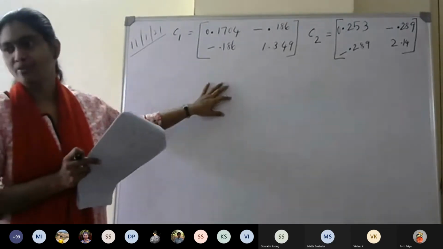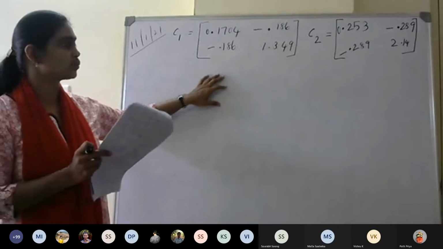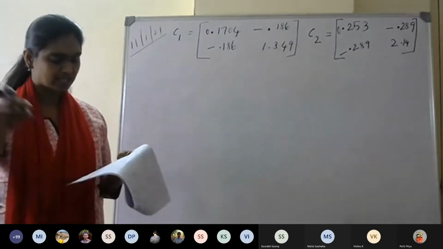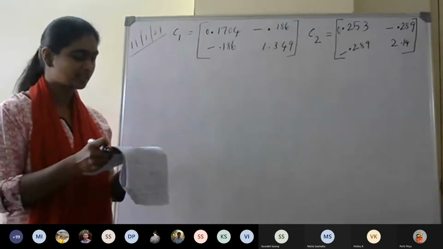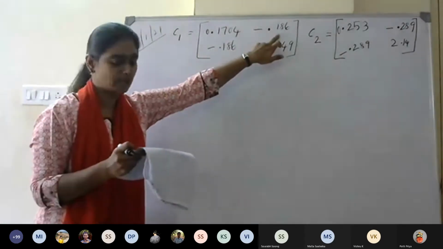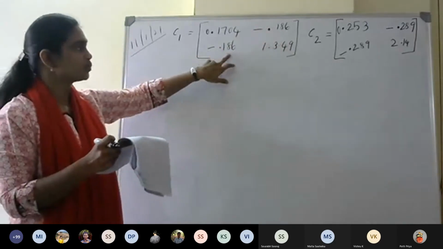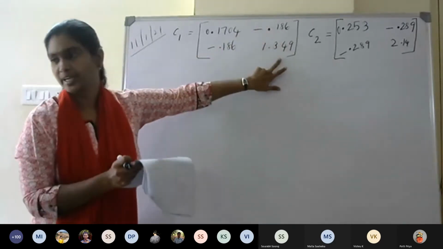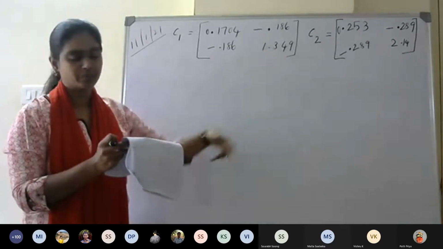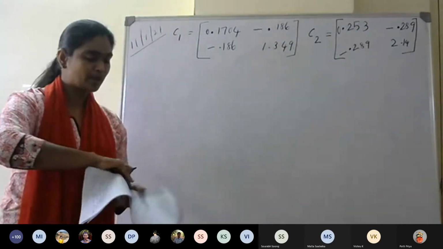So if you are looking for C1 as 0.166 and then minus 0.192 as given in the link, then it is actually coming as 0.1704 and 0.186 and minus 0.186, 1.349. This 1.349 came as it is for me also. So the C2 value.